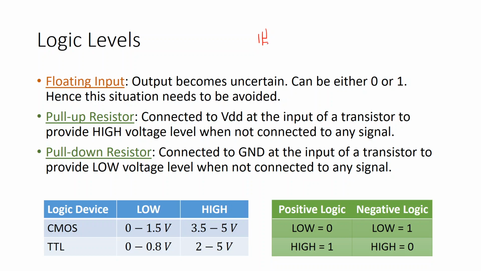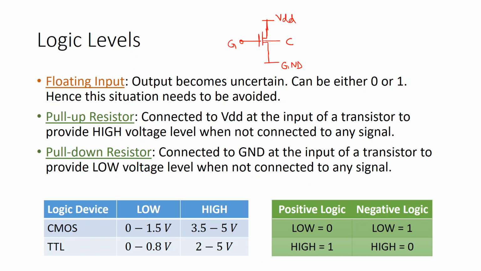I don't remember so well how to draw transistors. So this is the gate side, and this is where VDD is connected, and the other side can be connected to the ground, and this is the output that you are getting.